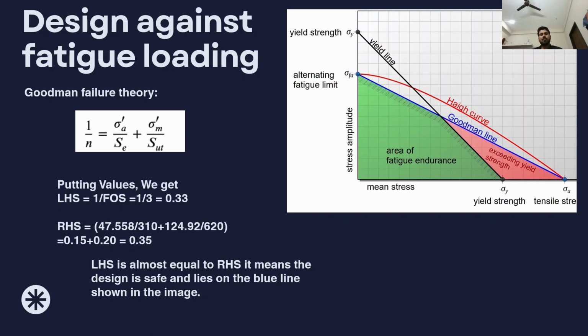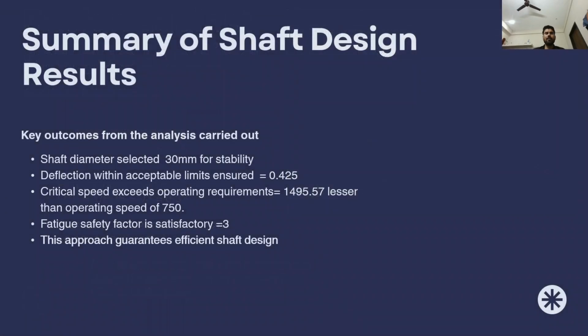Since the left hand side value 0.33 and the right hand side value 0.35 are almost equal, the point lies on the blue line, that means it's in the safe region, so the design is safe against fatigue loading.